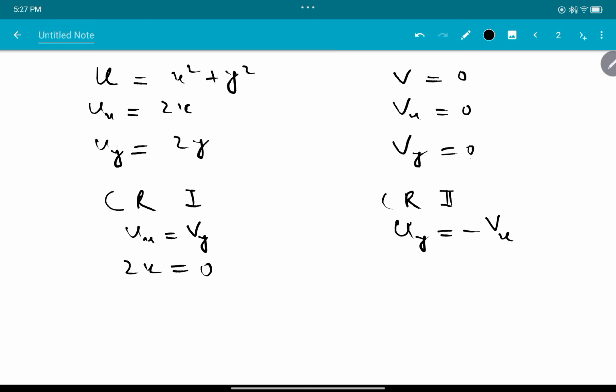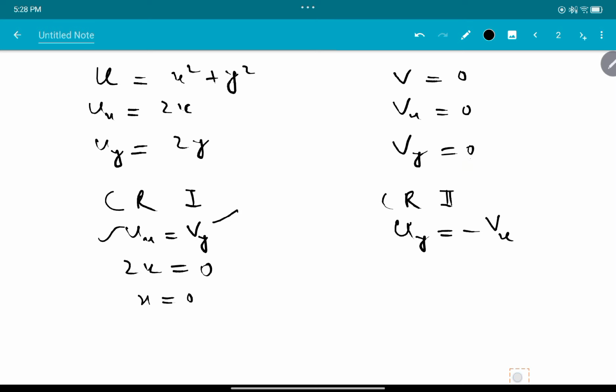So 2x equal to 0, which is not actually true except for x equal to 0. That means at x equal to 0, ux and vy are equal. ux, 2x, and vy are equal only at x equal to 0.